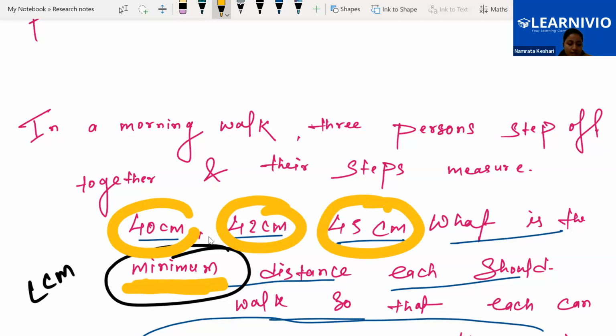A, B, C start cycling around a circular path. Okay, let me take this question.